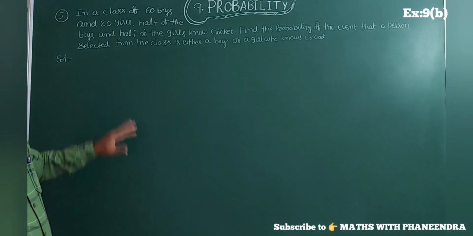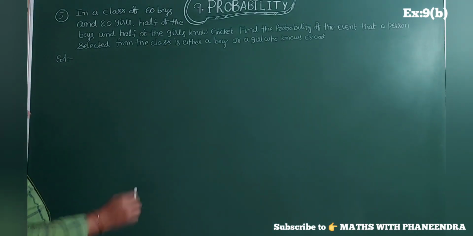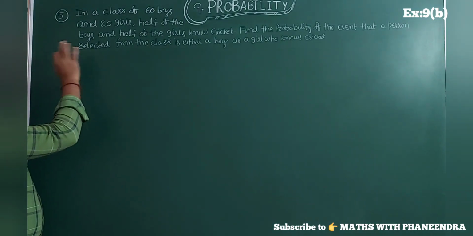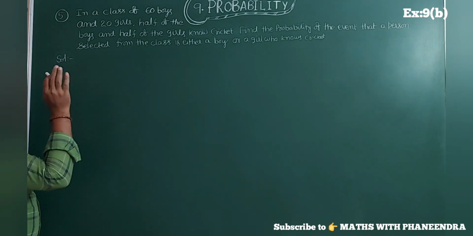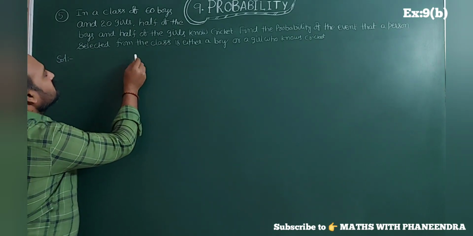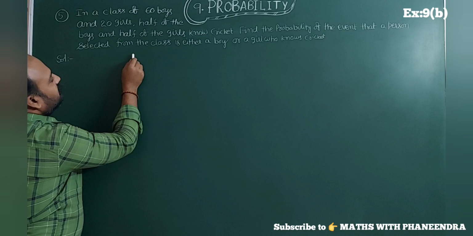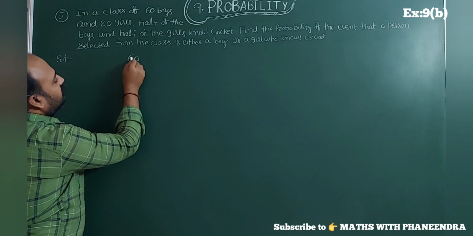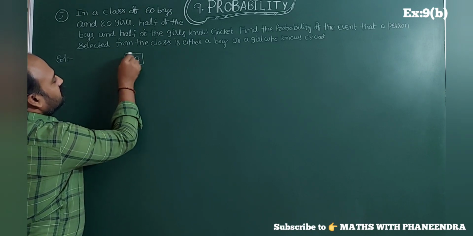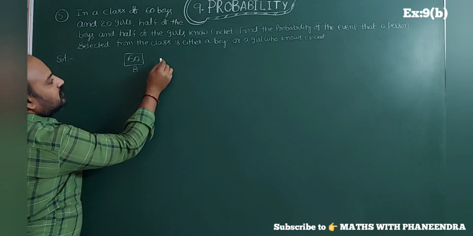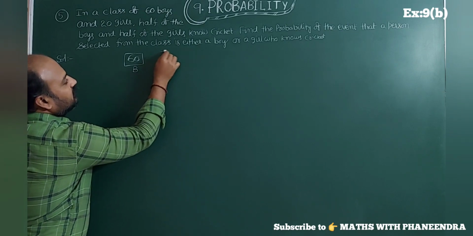Here first you have to assume the events. So first, in a class, how many boys are there, how many girls are there? So here 60 boys and 20 girls are there.